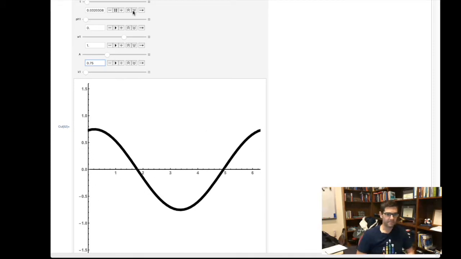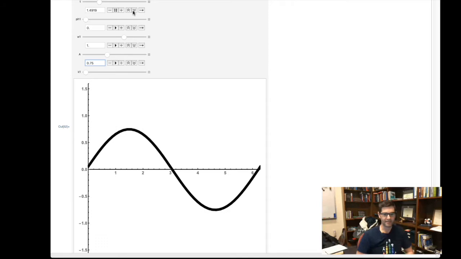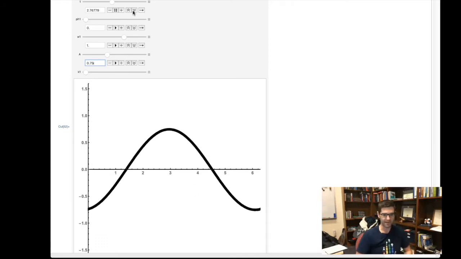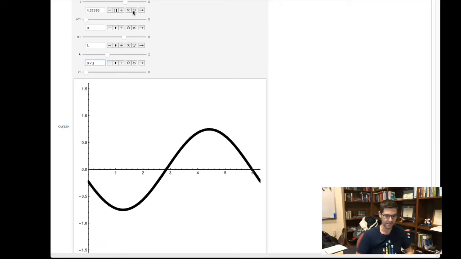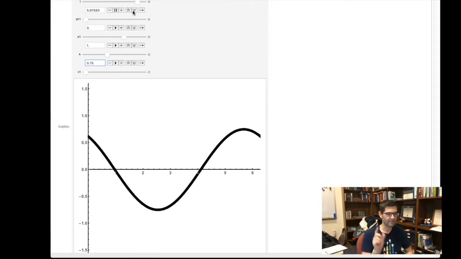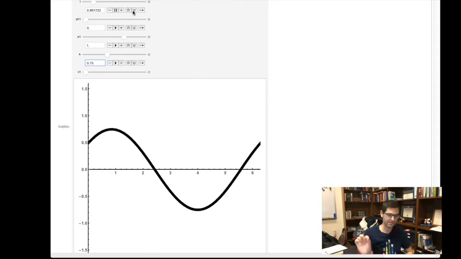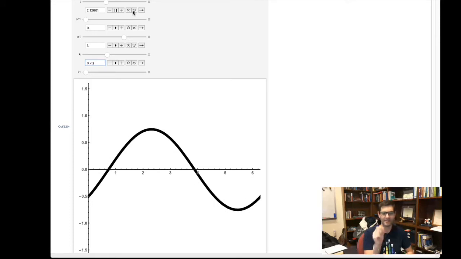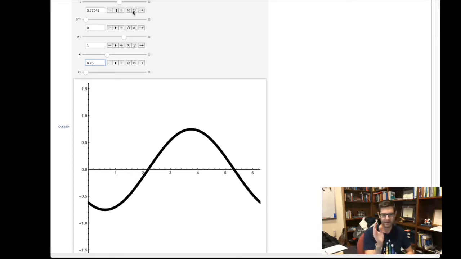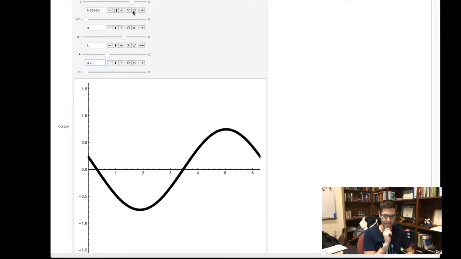So if I let time just march forward, you can see that it looks like there's some sort of oscillation occurring. It kind of looks like the oscillation is moving to the right. But we've got to be a little careful here because remember the horizontal axis is time. It's saying that at a given point in time, here is what the object is doing.